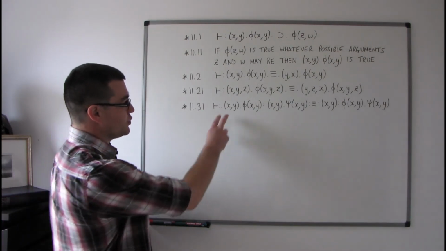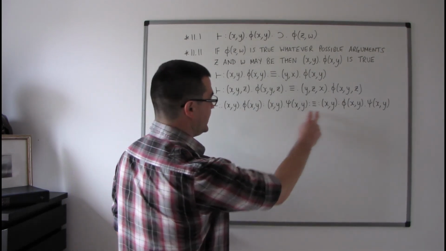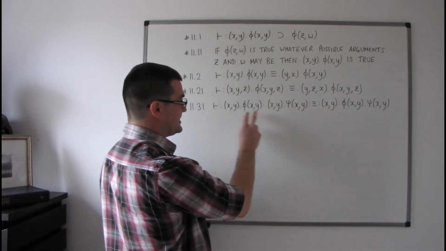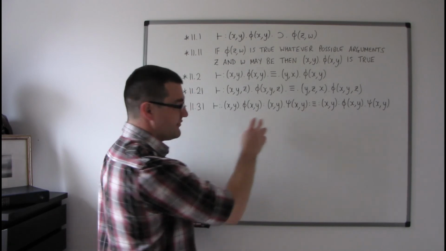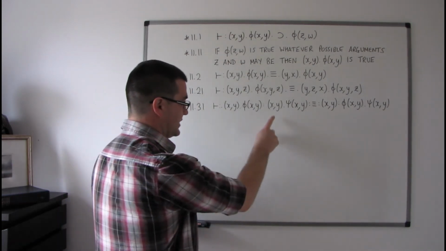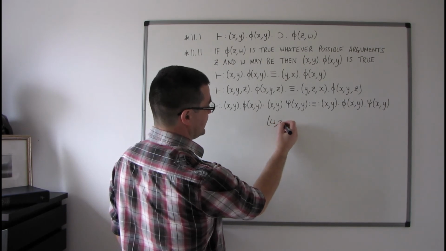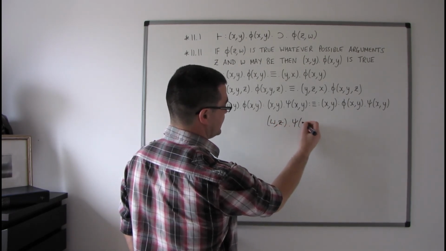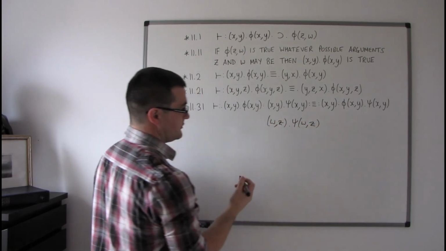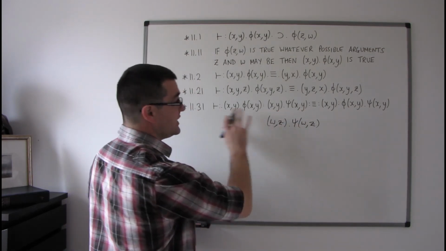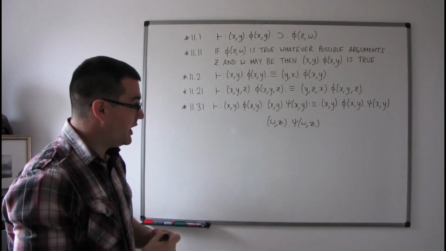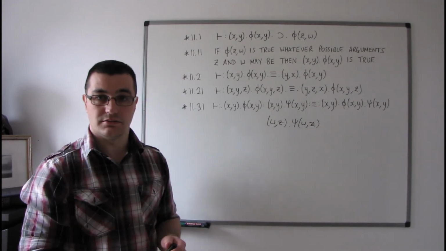Even though I'm using xy here and xy here and xy here, that's not to suggest that they are all the same variables. So I could change this here to wz, psi wz, for instance, replace this with this, and the proposition would be identical.